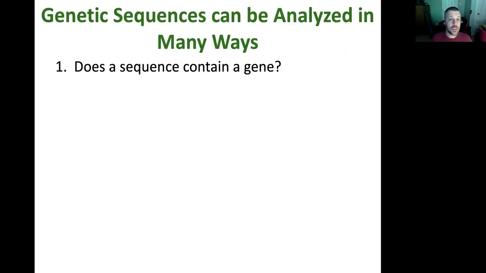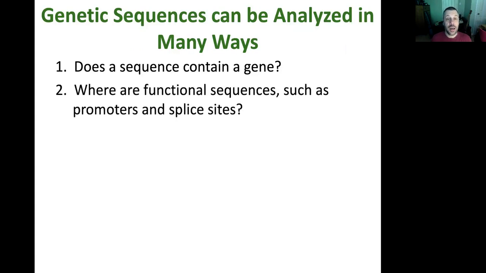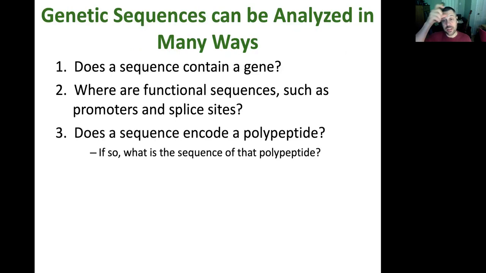So with bioinformatic programs, you can use them to do a lot of different things and answer a lot of different questions, such as, does this sequence that I'm interested in contain a gene or not? Does this sequence that I'm interested in contain functional DNA elements like promoters, splice sites, enhancers, those kinds of things? Does this sequence encode any kind of polypeptide? If so, what is the sequence of that polypeptide?